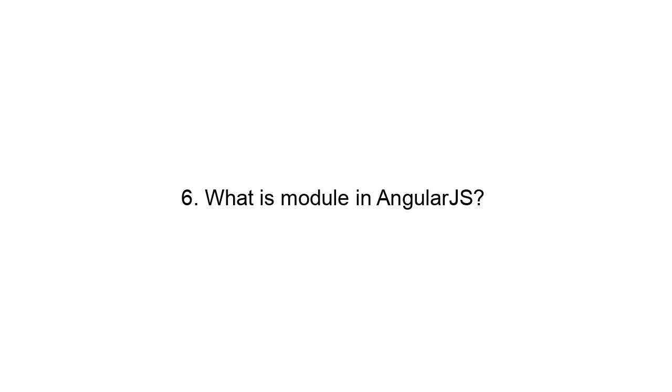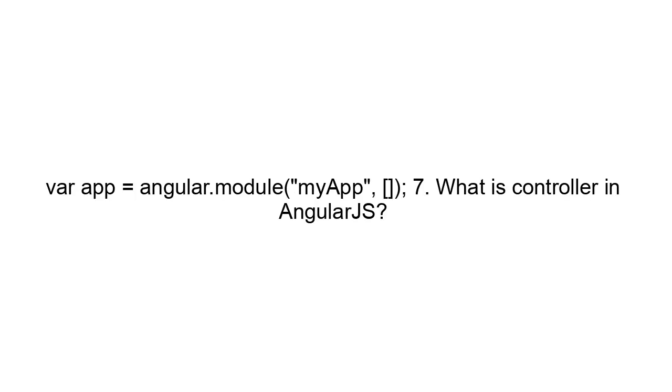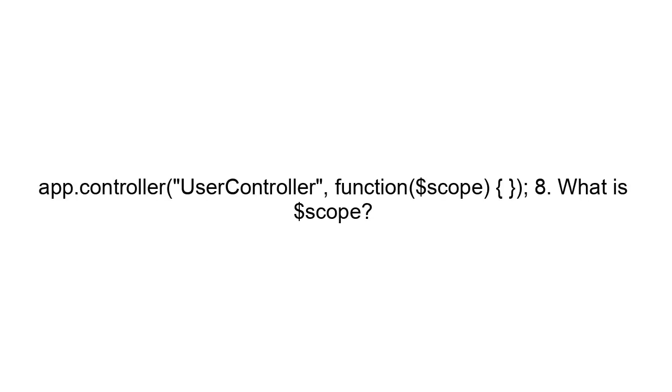6. What is module in AngularJS? Container for application components. Example: var app = angular.module('myapp'). 7. What is controller in AngularJS? Controls application data and logic. Example: app.controller('UserController', function($scope)). 8.